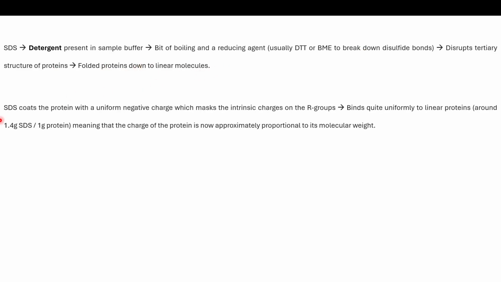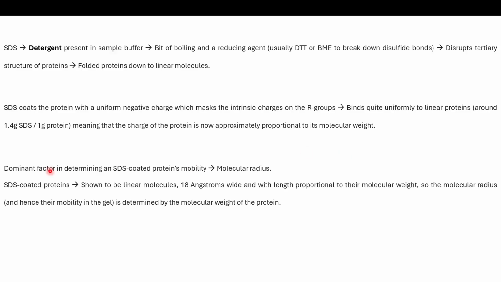down to linear molecules. SDS coats the protein with a uniform negative charge, which masks the intrinsic charges on the R groups of the amino acids, and SDS binds quite uniformly to linear proteins, around 1.4 grams of SDS per gram of protein, which means the charge of the protein is now approximately proportional to its molecular weight.